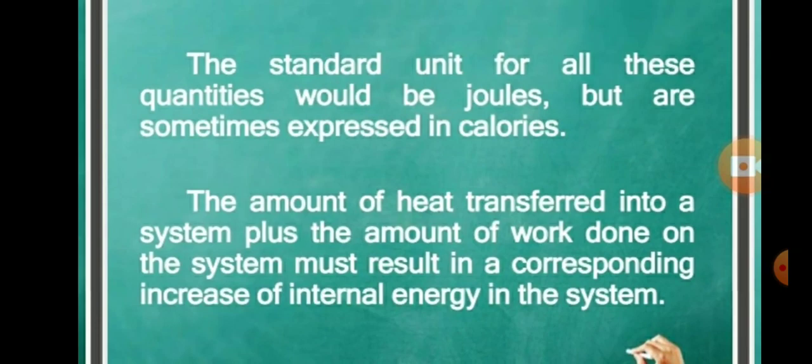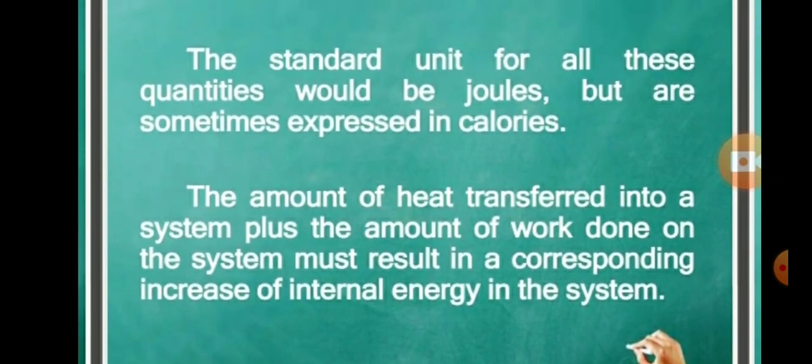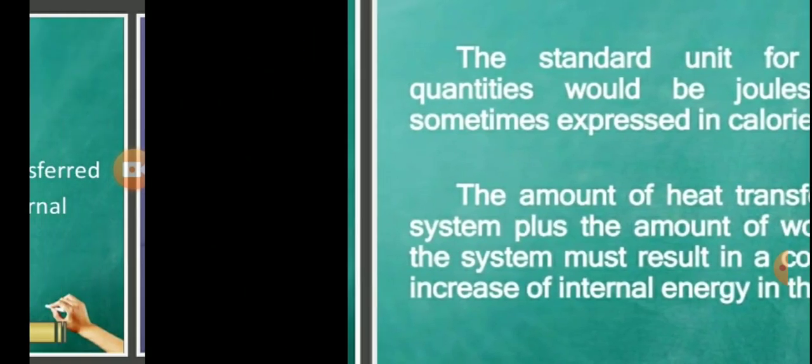So again student, please note that 100% conversion of heat to work is not possible. That is, Q equal to W is not possible. So it is possible that Q is equal to the sum of W plus the change of the internal energy of the system.